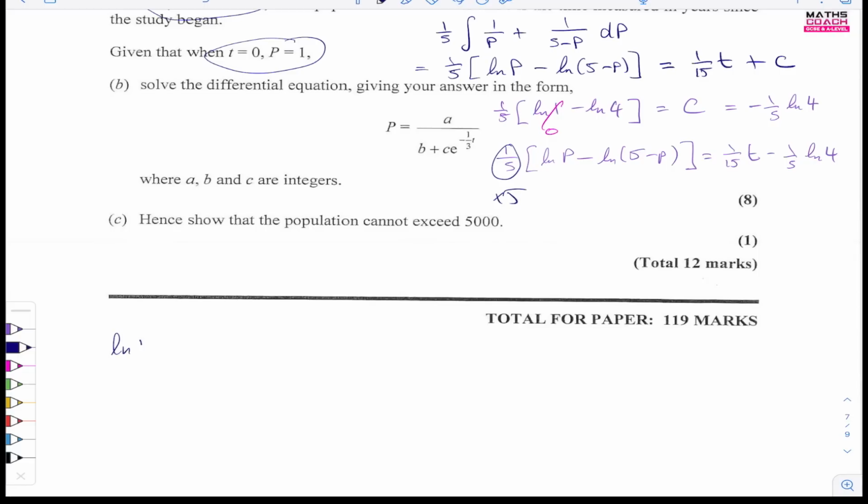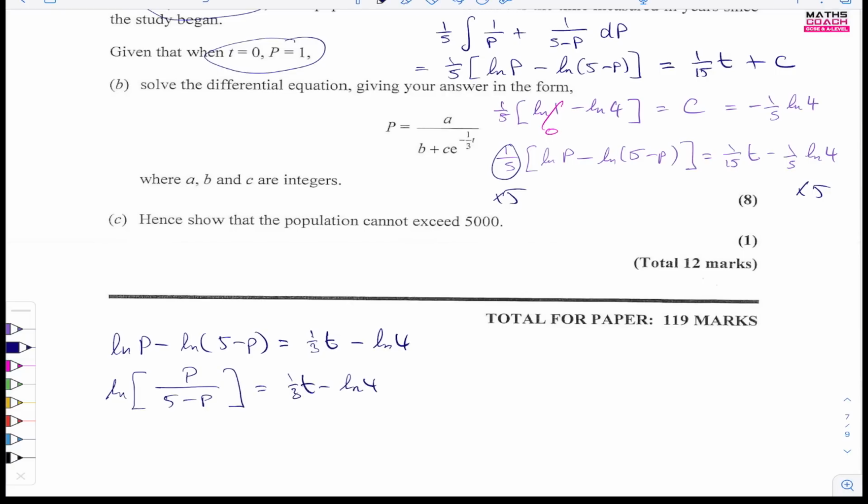So we have ln p minus ln of 5 minus p equals 5 over 15, which is 1/3 of t, minus 1 times the right side by 5 as well. So that fifth goes away. So we get ln 4. ln p minus ln of 5 minus p just gives you ln of p over 5 minus p equals 1/3 t minus ln 4.